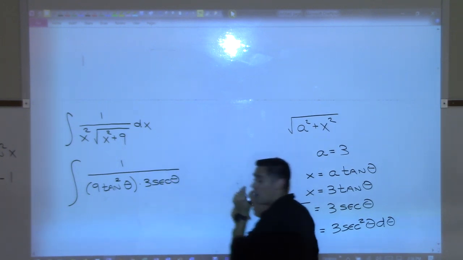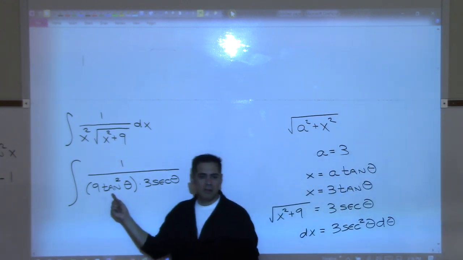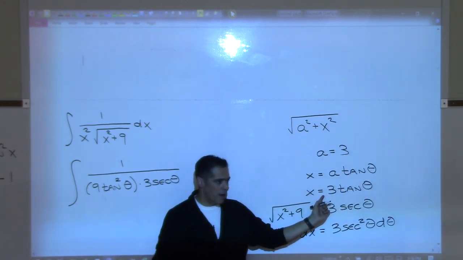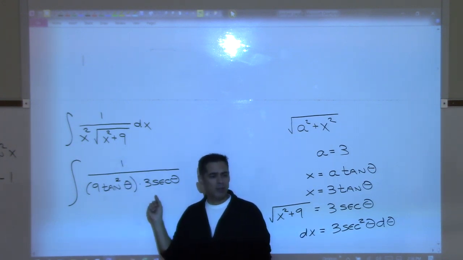What do y'all think of that so far? That's x squared, right? This is x squared. That's this right here, squared. And then you have the root part here. Were you done? At the very end, dx.